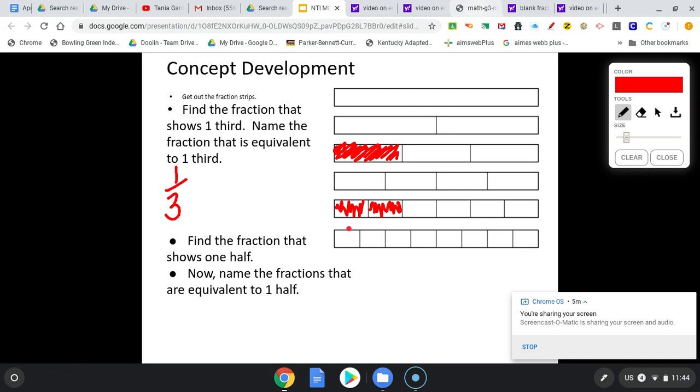So 1/3 is equal to 2/6, because they cover the same area and all of my fraction strips are the same size.